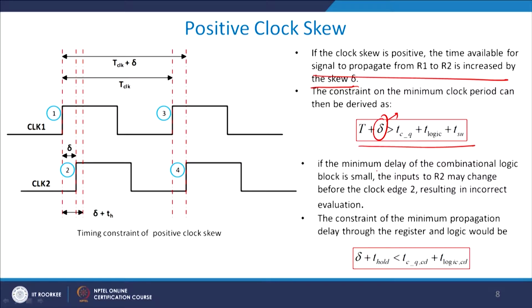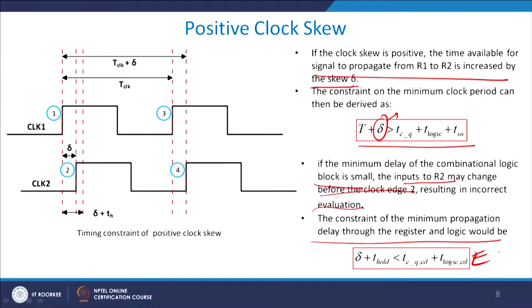So, if the minimum delay of the combinational logic block is small, the inputs to register 2 may change before the clock edge of 2, resulting in an incorrect evaluation. You got the point? That means if the combinational logic block has very low delay, then the output of gate number 3 exactly matches with the gate number 1 rising pulse, but that has to be available to gate number 2 in order to be evaluated, but it is not available, it is lost. So, that is a problem area.